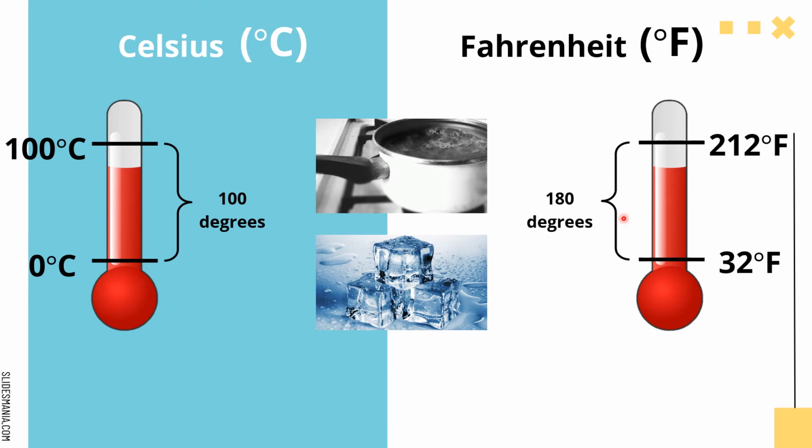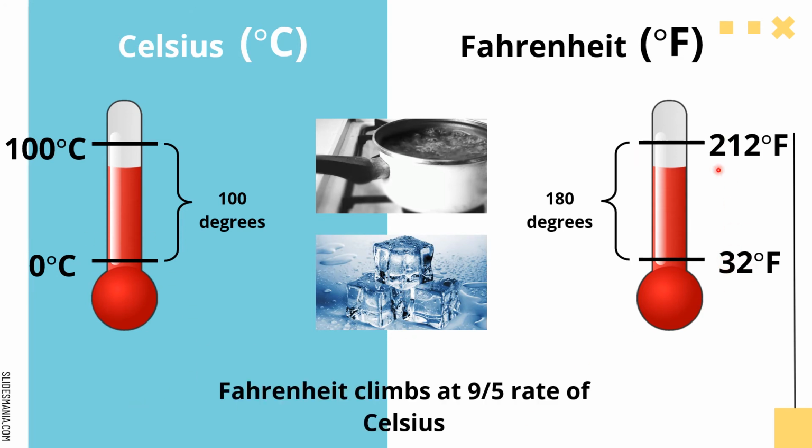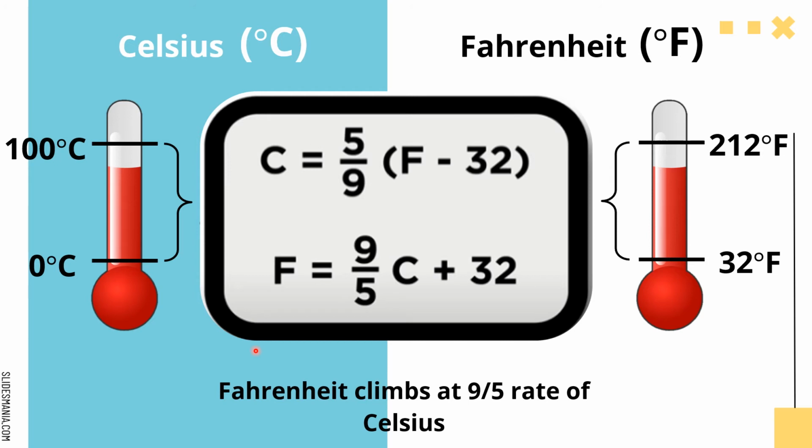So what is the connection of 100 degrees and 180 degrees? These two, Celsius and Fahrenheit, do not have the same rate from their freezing point to their boiling point. Fahrenheit climbs at 9/5 the rate of Celsius. 180 over 100, that is 9/5. Same goes for Celsius, it climbs at 5/9 the rate of Fahrenheit.